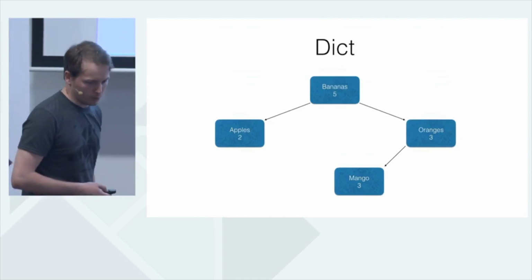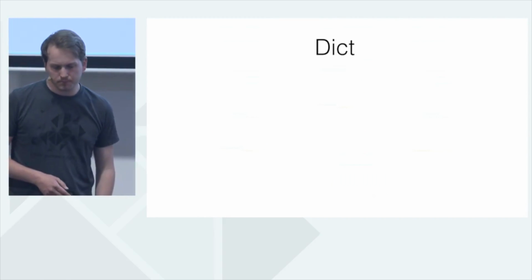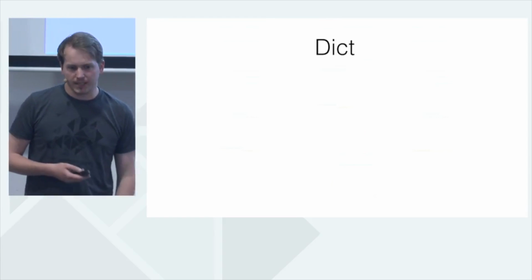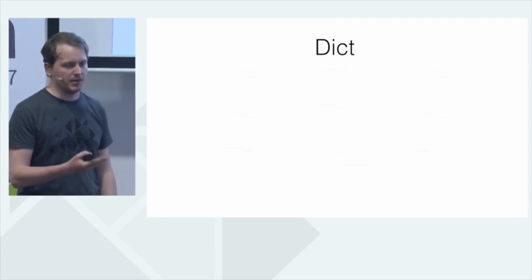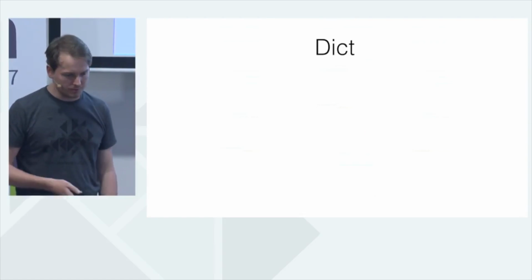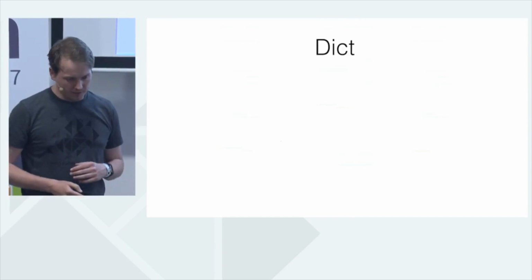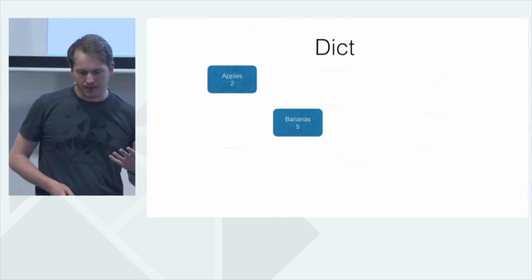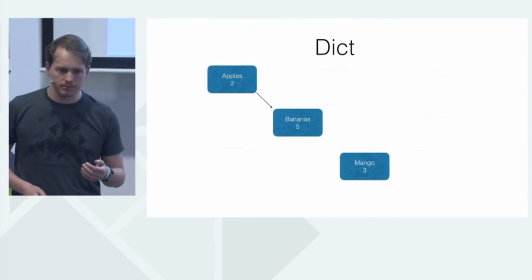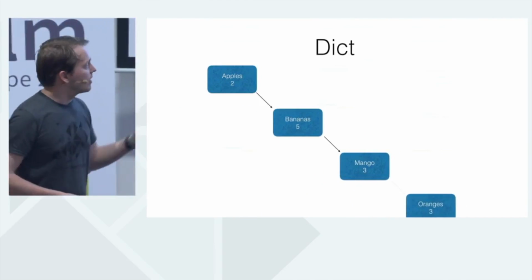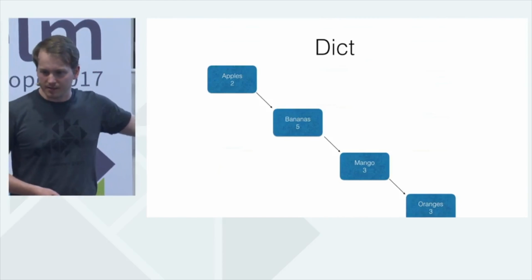But there is one problem with dictionaries. Let's say currently the user added things in a very optimal order, right? It added things in an order which gave you a very nice tree representation. But what if instead the user added things in alphabetical order, like this? This is a list, right? This is a linked list.